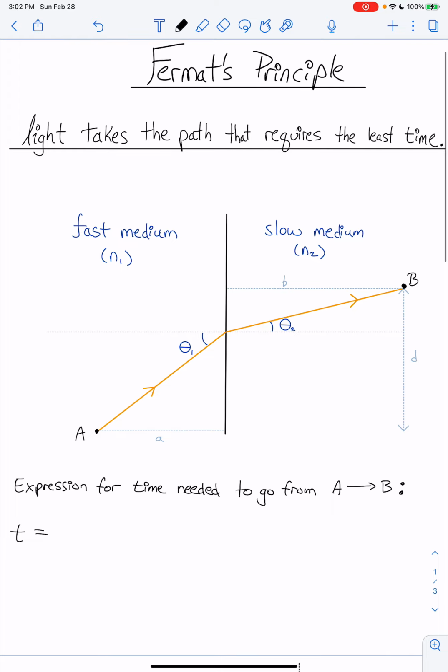So we're going to have the time within the first material, and then the time in the second material. And so that means that we're going to have a distance 1 over a velocity 1 plus a distance 2 over a velocity 2.